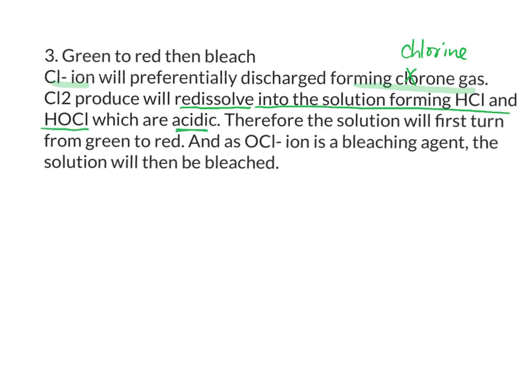You would like to remind that they are acidic, therefore the color will first turn red. Because OCl- is a bleaching agent, it will then be bleached. This is a little bit lengthy, but the concept will be like this. Remember to mention they are going to have HCl and HOCl, and then they will have OCl-, which is a bleaching agent, so the color will turn from red to bleached.